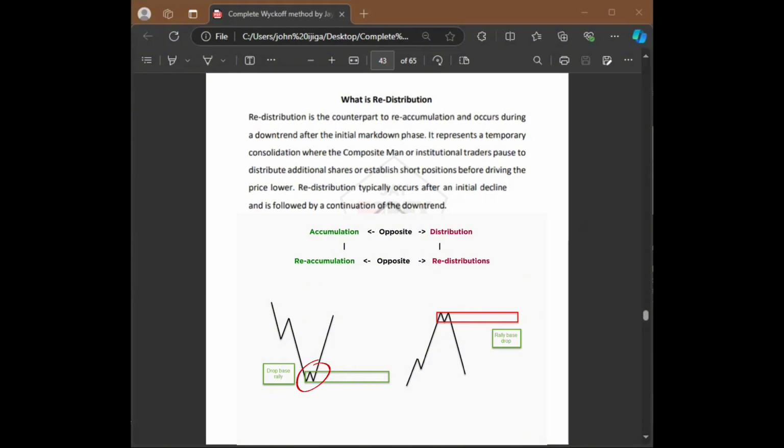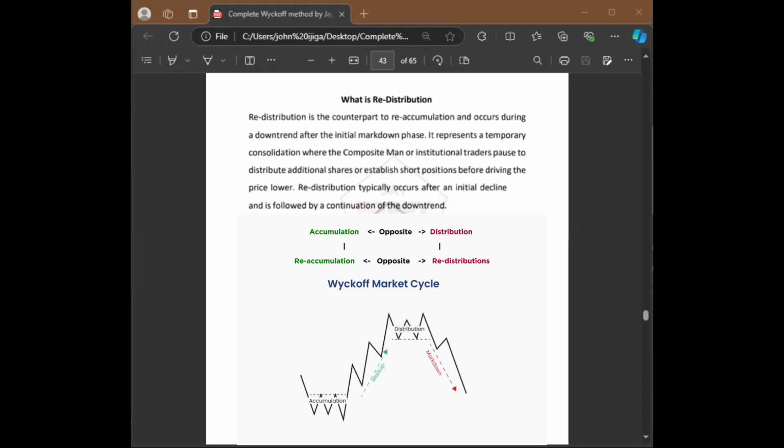All this is basically what the market cycle of Wyckoff is trying to explain. In the ebook, I explained about the market cycle of Wyckoff. We have the accumulation, the markup, the distribution, and the markdown. So if you look at this, you're looking at something like a markdown, an accumulation, a markup, a distribution, then a markdown.